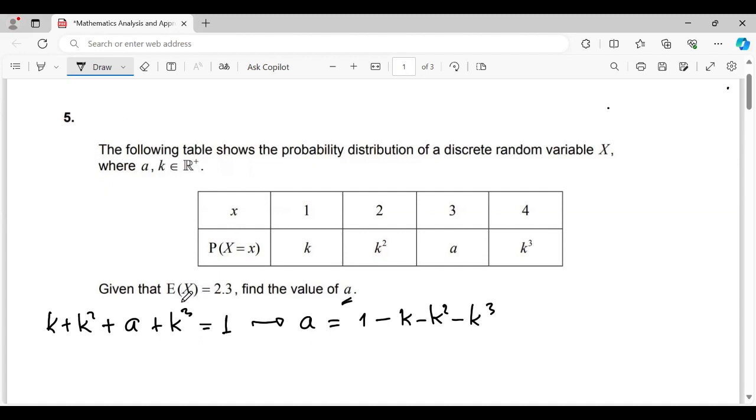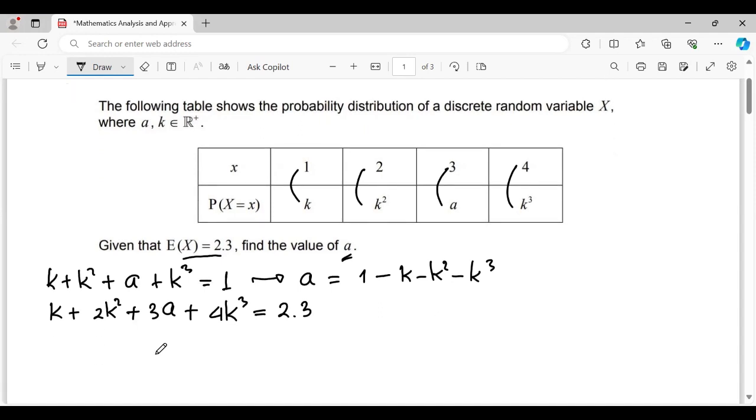And based on the statement that expectation of x equals 2.3, it means 1 times k plus 2 times k squared, 2k squared, plus 3 times a, 3a, plus 4 times k cubed equals 2.3. So I will arrange it like this.